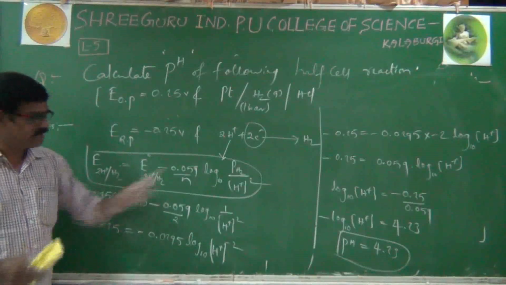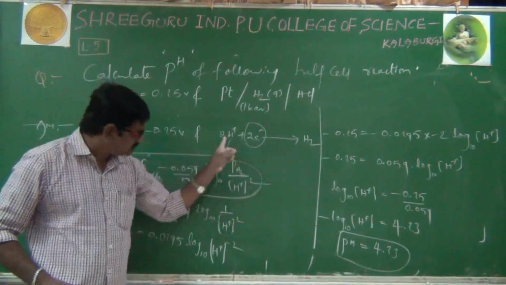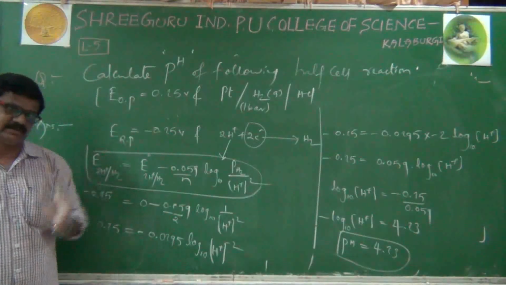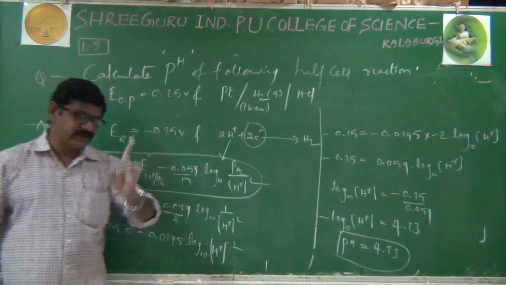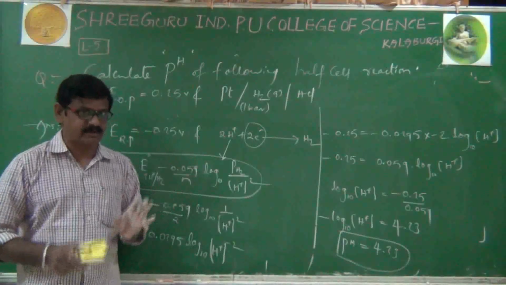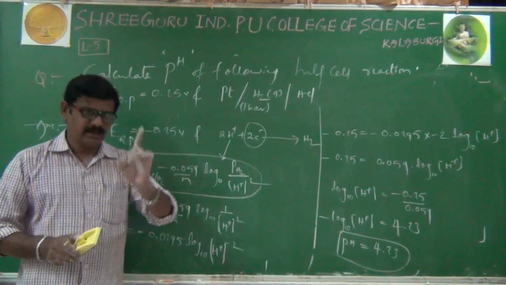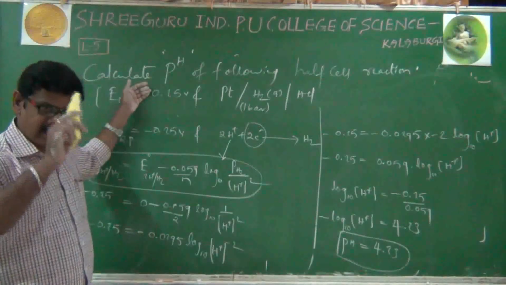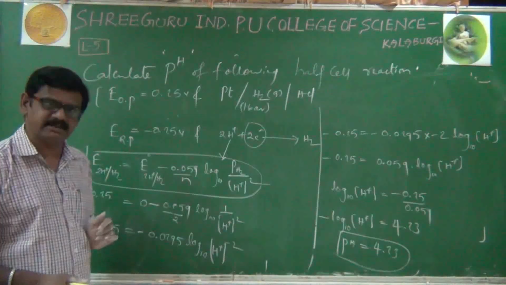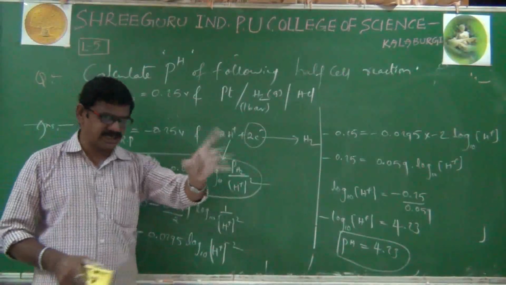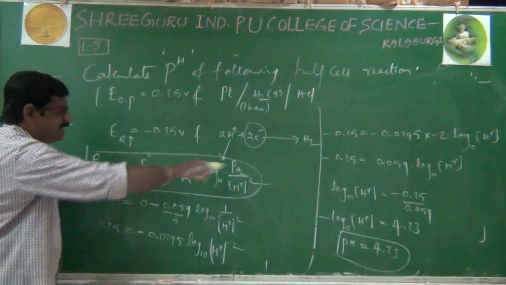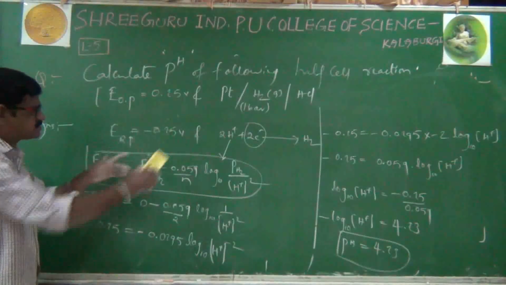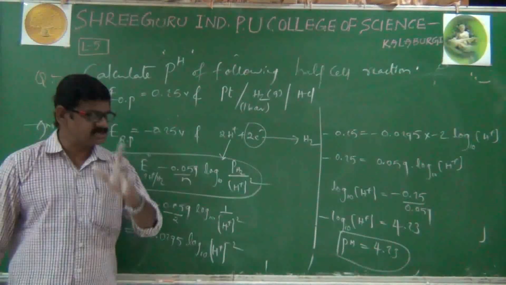If it is an oxidation reaction, remember, the formula will differ slightly, but I am not giving that formula because you will get confused. We follow only one formula: if oxidation potential is given, we convert it into reduction potential, convert the oxidation process into a reduction process, use our regular Nernst equation, and substitute. You will get the answer. That's all.